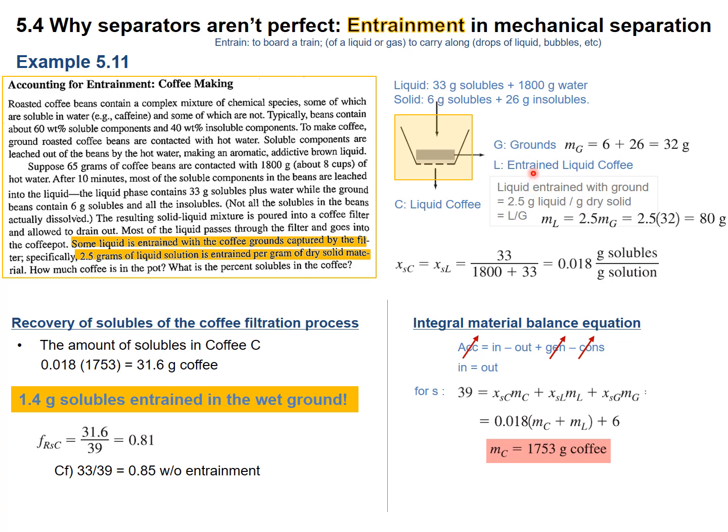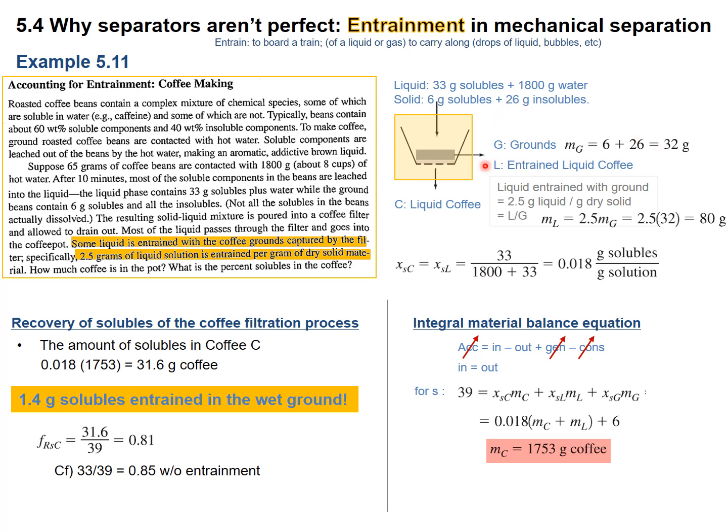So let me check several amounts for this process. The mass of grounds is 6 plus 26, right? That was solid. So 32 gram.